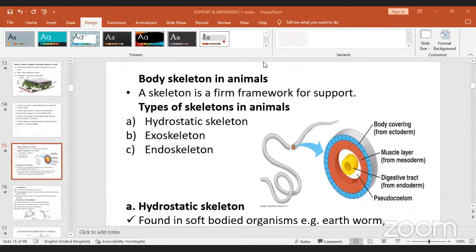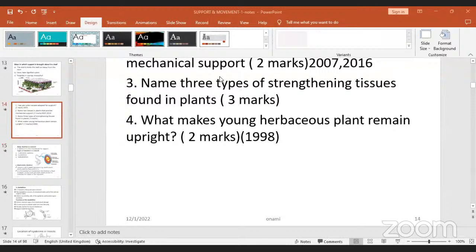Now, I hope before you have heard something about skeletons, and sometimes you have been curious to know about skeletons. I'd like to get a view of some of you. What do you know about skeletons in animals?